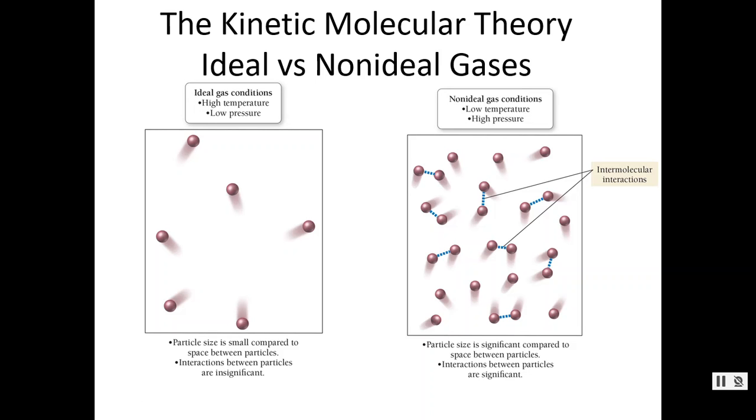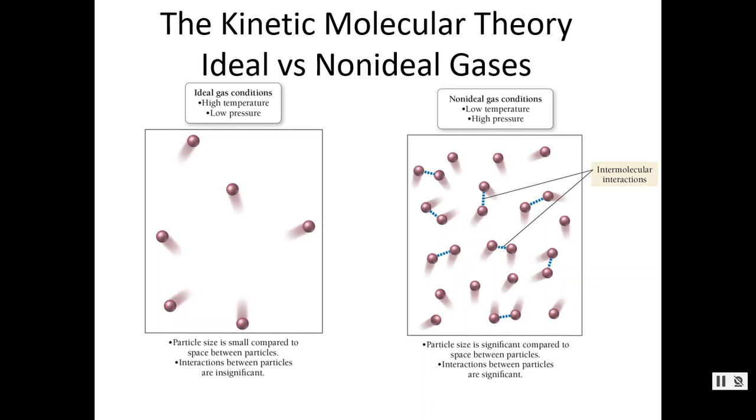Those can be significant at low temperatures and high pressures. Also, at those conditions, the particle size is significant compared to the space between particles, because if those molecules are slowing down, then the space in between them gets smaller. So those are the two stipulations of non-ideal gas conditions that you should know.